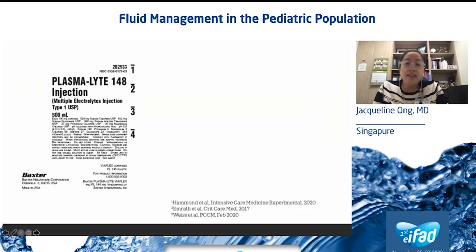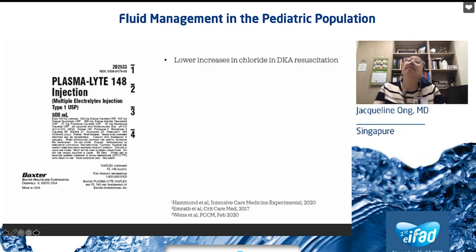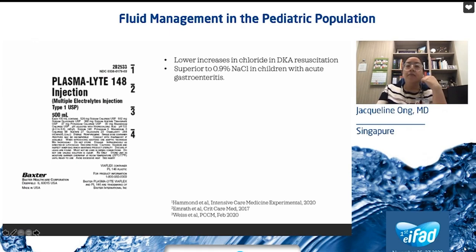Now, Plasmalyte is probably the one that has gained the most attention in the last little while. The recent work has shown a few aspects, that there are lower increases in chloride in certain settings. It's perhaps better than normal saline or 0.9% saline in children with acute gastroenteritis.